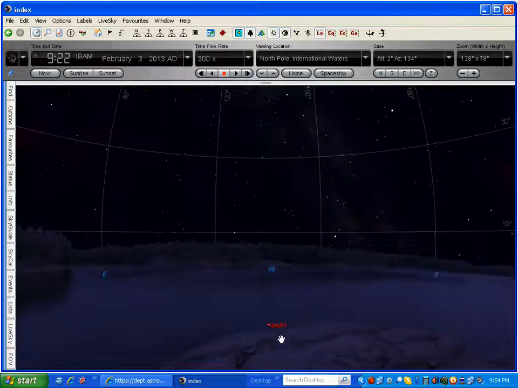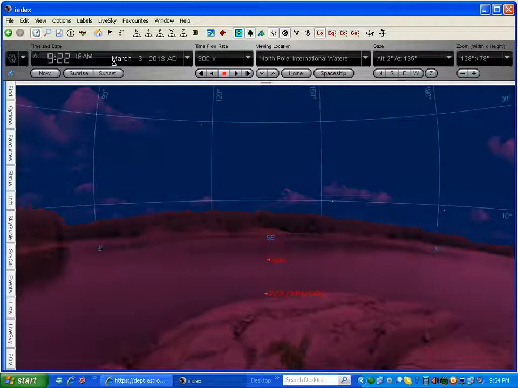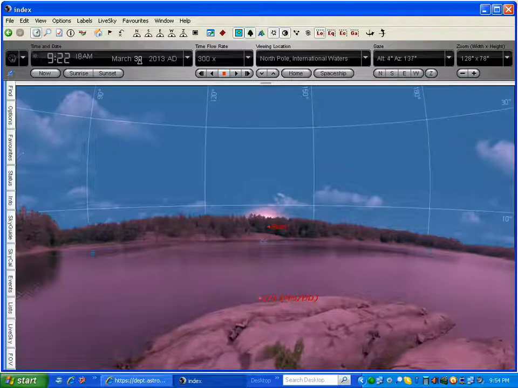And we're going to see that the sun is way down here. It's below the horizon because we're still in winter, and the sun has not yet reached the equinox point. So let's change our date. Let's go to the 30th of March.